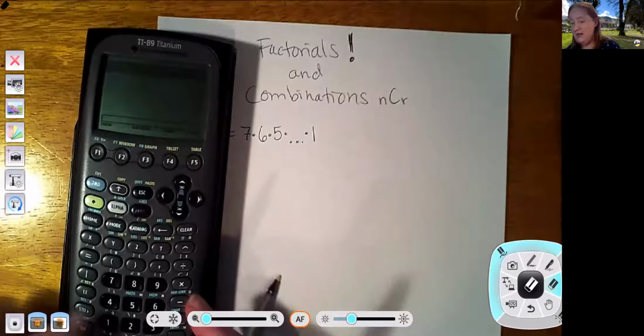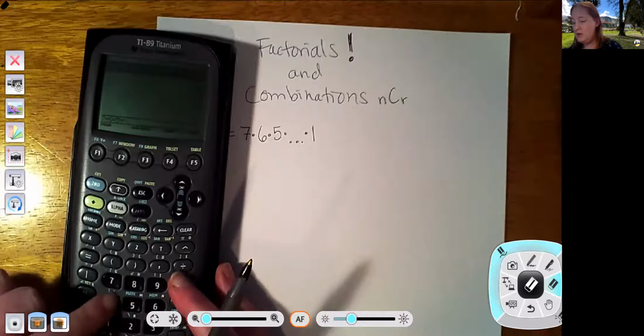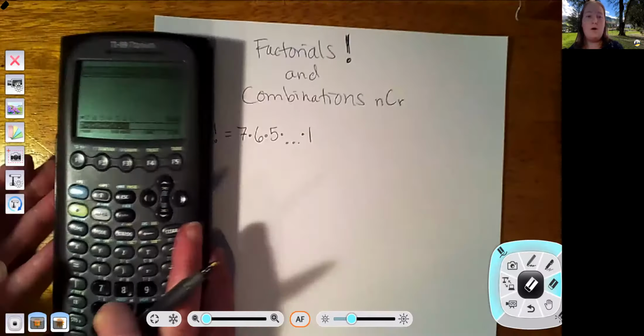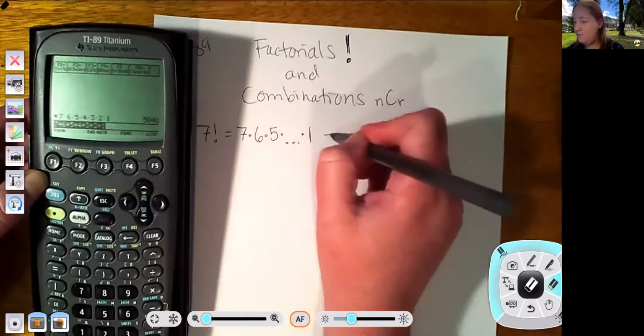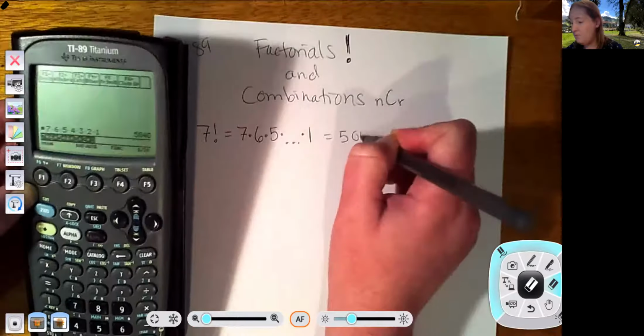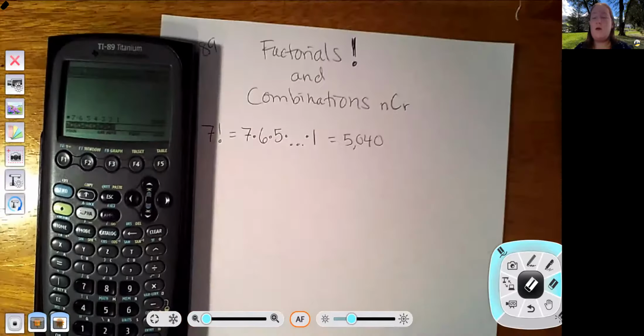So I could take 7 times 6 times 5 times 4 times 3 times 2 times 1 and find the value of 7 factorial. $5,040.